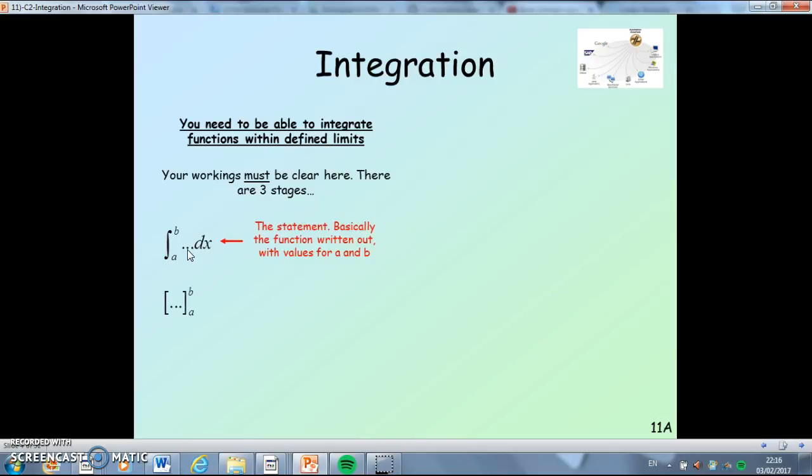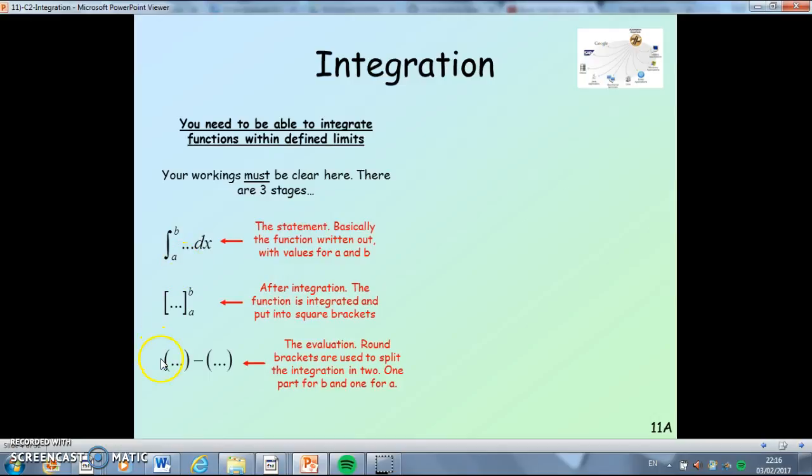Then we integrate the statement and put it in square brackets. Before it was curved brackets, and now we integrate it and put it in square brackets. Once we have integrated it, we use b and a, b being this one and a being this one, and they split into one part for b and one part for a, and we'll use them.